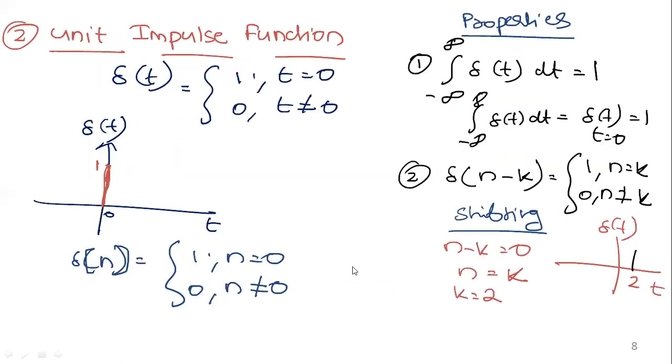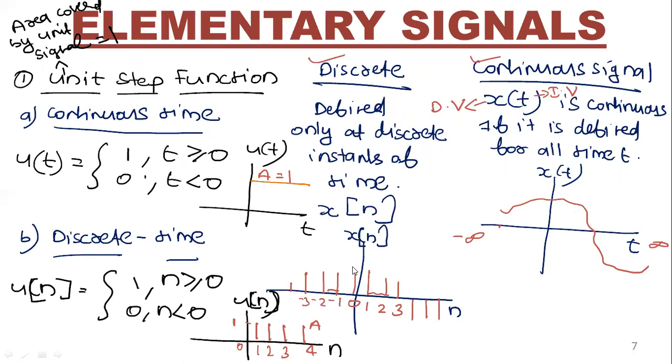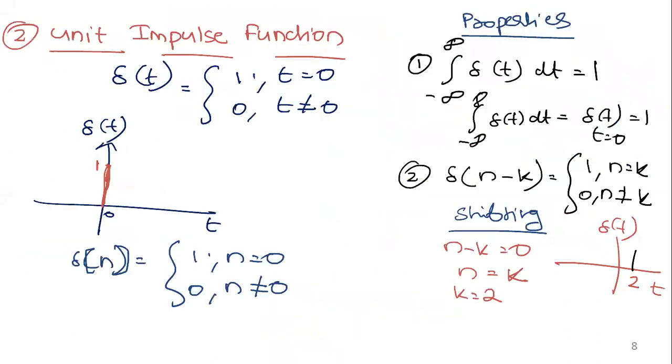Revise the understanding of what a continuous signal is and what a discrete signal is. That understanding we had here. Then what is a step function, in the continuous time domain and the discrete time domain? Similarly, we talked about a unit impulse function, in the continuous and discrete domain.